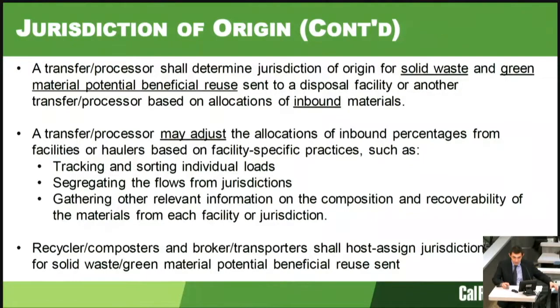They're only allowed to use this particular landfill. You can move those allocations around based on what actually happened to that waste. If you segregate the waste from certain jurisdictions and only send it to a certain landfill, there are ways that you can track that and report that in RDRS.